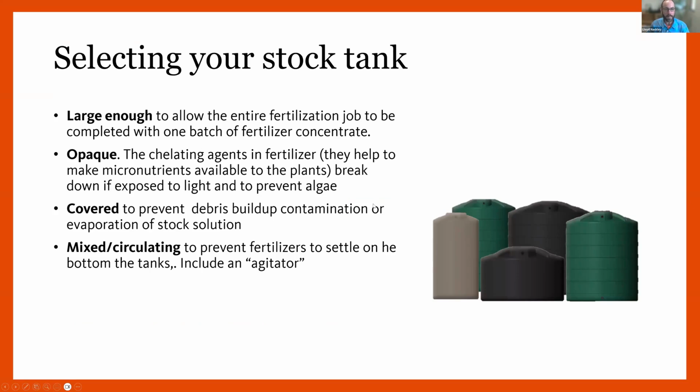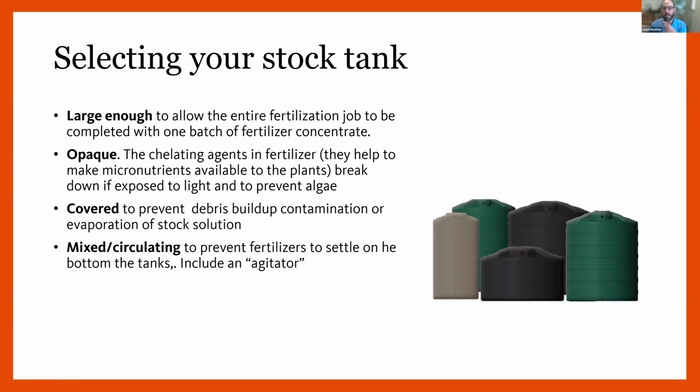How big should your tank be? It should be large enough to run a whole job at once. It should be opaque, so buy a tank that is dark to decrease algae growth. Something that is covered. I mentioned biosecurity in the beginning. We don't want something crawling on the top and dropping in and dying, or just crapping in your water, or swimming in. So covered, dark, and large, and then circulating.